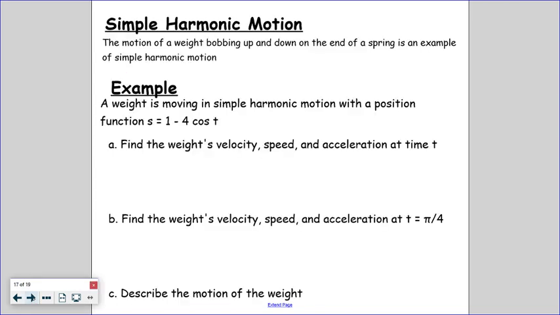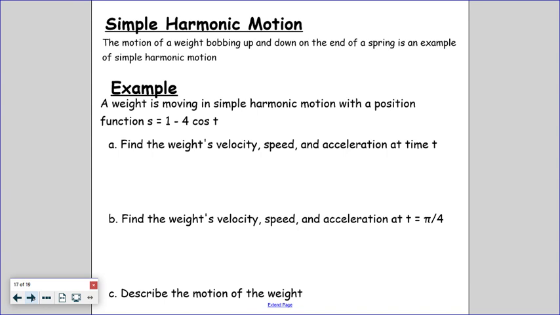Okay. All right. Harmonic motion. Harmonic motion always accompanies trig functions themselves because trig functions model harmonic motion. And harmonic motion is something that we see in the world a lot. Like this one talks about the bobbing weight at the end of a spring. If you were to put a weight on the bottom of a spring and then pull it down, the spring would bob up and down.